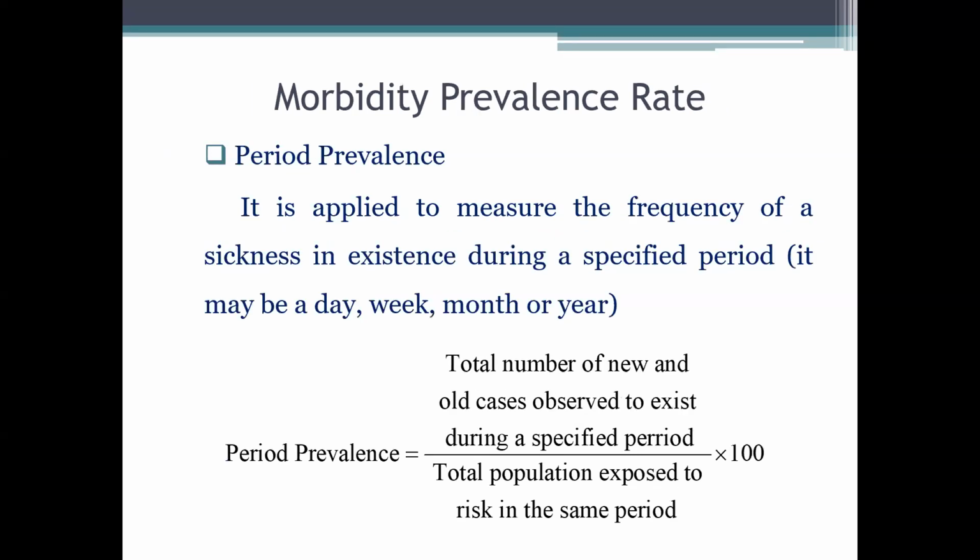For period prevalence, the total number of new and old cases observed to exist during a specific period is divided by the total population exposed to risk in the same period, multiplied by 100. This is the formula for period prevalence.